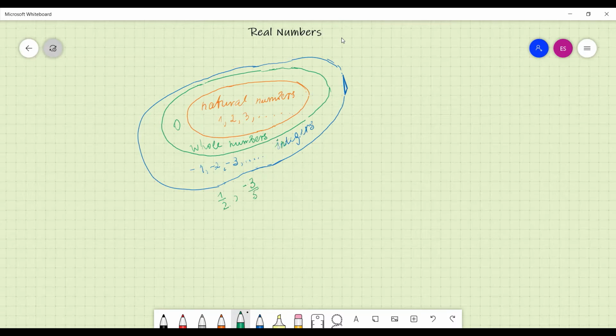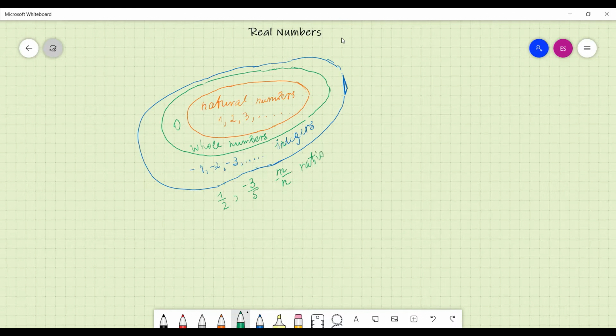So when you take two integers in the form of m/n, and both are integers, we are going to call these numbers rational numbers.